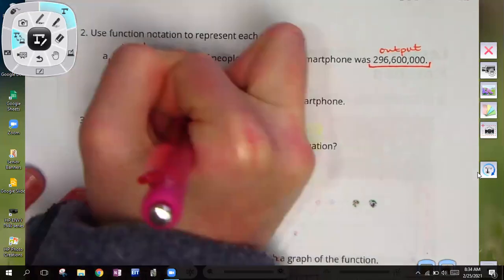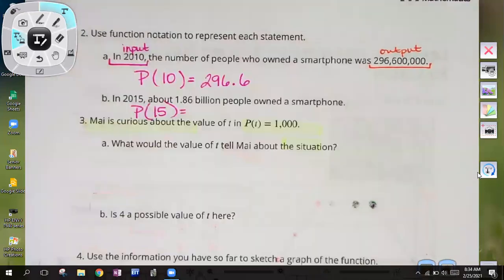All right, now, they made the output a little bit more complicated for us, so we do have to think a little bit. What do y'all notice about how they told us how many people are there? They put it in billions, but we have to have ours in millions. So the difference between a billion and a million is 3 decimal places.